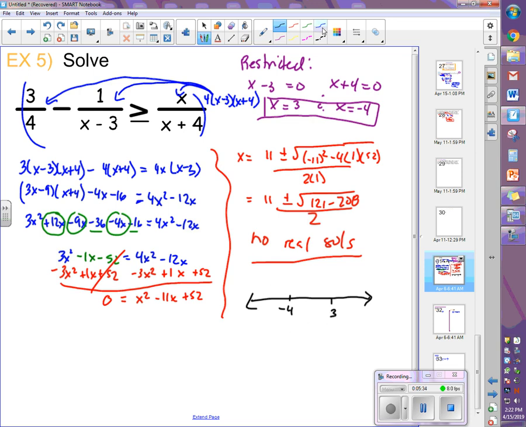So we find numbers on small intervals. So less than -4 is -5. Between -4 and 3 is 0. And larger than 3 would be 4.